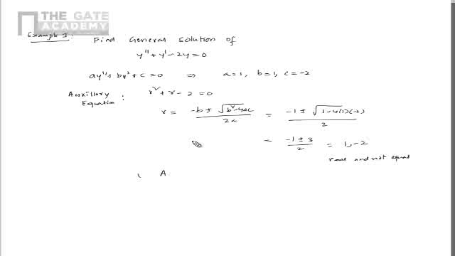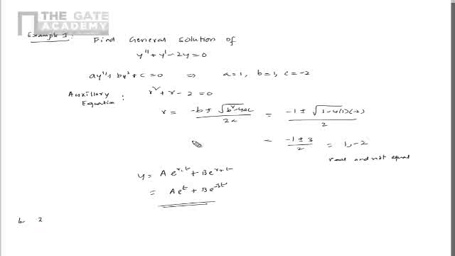So the general solution we have derived is a e power r1 t plus b e power r2 t. So the general solution is a e power t, r1 is 1, plus b e power minus 2t, r2 is minus 2. Okay, so this is how I can write the solution.